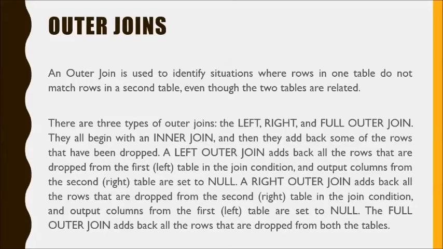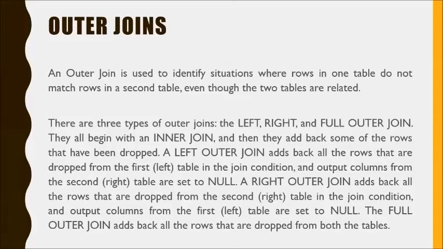A left outer join adds back all the rows that are dropped from the first or left table in the join condition, and output columns from the second or right table are set to null. A right outer join adds back all the rows that are dropped from the second or right table in the join condition, and output columns from the first or left table are set to null.